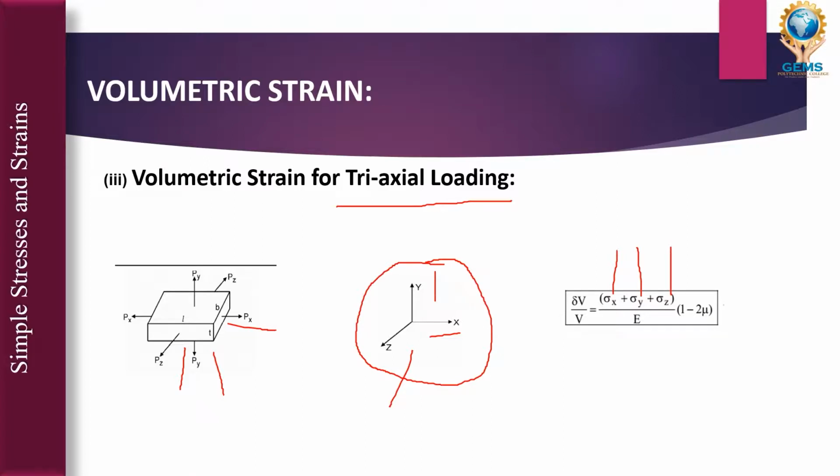So we add sigma x plus sigma y plus sigma z, divided by E, Young's modulus, into 1 minus 2 mu. Mu is Poisson's ratio. These are the formulas we will use to solve numerical problems, so keep these things in your mind. Okay, I will erase it so that you can copy the notes in a proper manner.